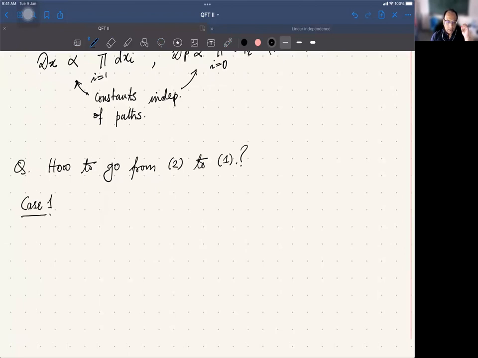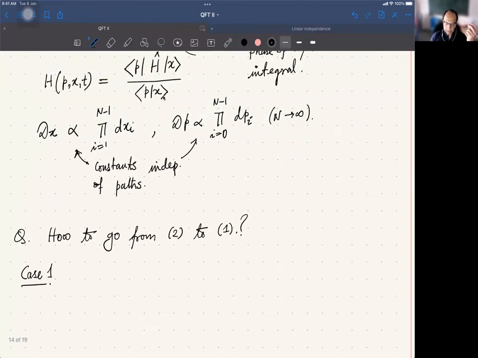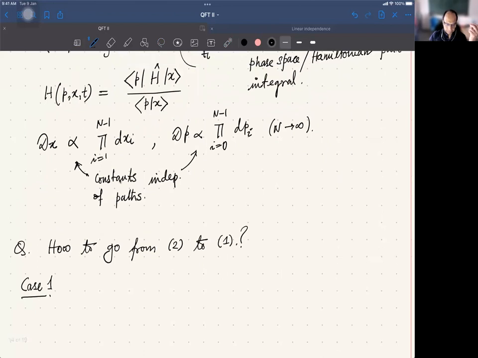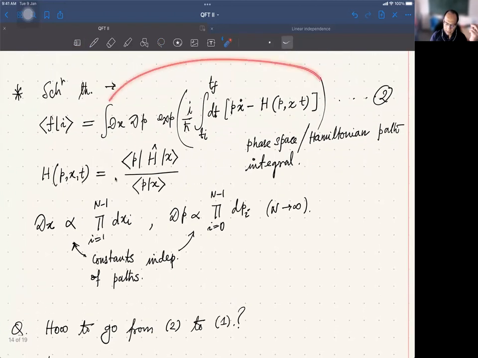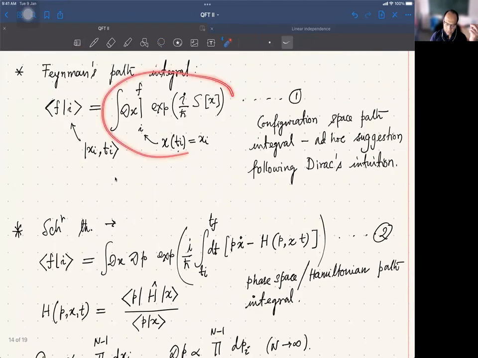In case 1, I will take a specific form of the Hamiltonian, which is standard and which will have wide use. In that case, we will see that this Hamiltonian path integral exactly gives you the configuration space path integral. You can just get this form directly by doing the calculation from here, if the Hamiltonian is of a certain standard form, and that standard form will be of a lot of use for us in field theories.